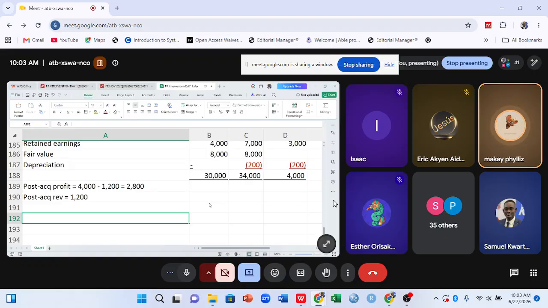I'm a little bit confused with this new format that we are doing.